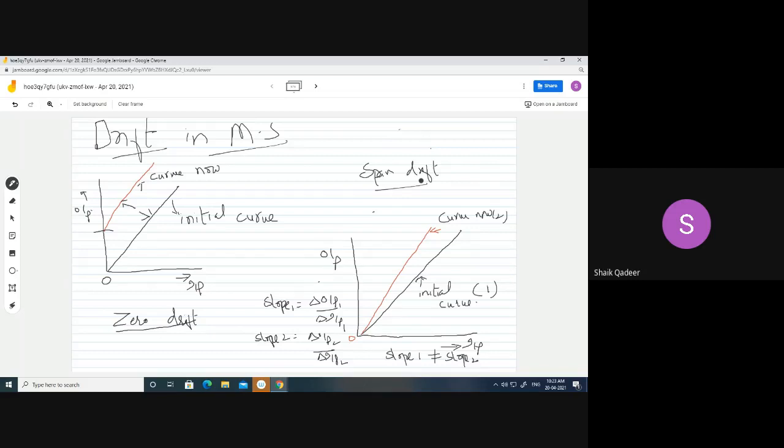Can I read? Yes, sir. A change in an instrument reading, a change in an instrument (in bracket you can write MS, that is measurement system) reading or set point value over the extended period is called as drift.